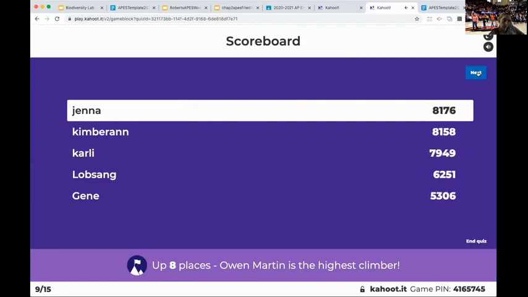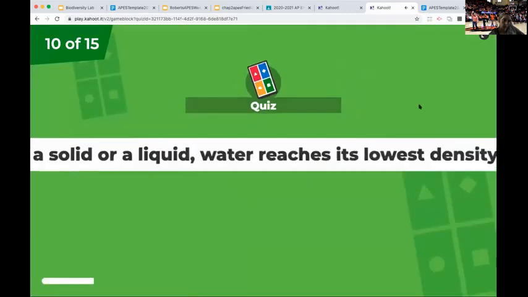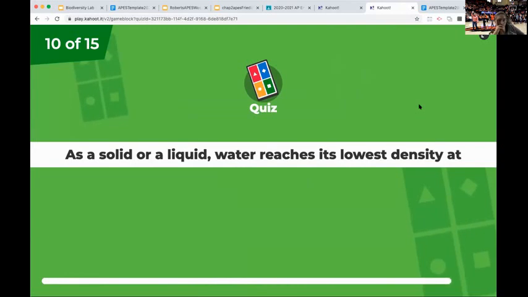It's cohesion of water creates surface tension.